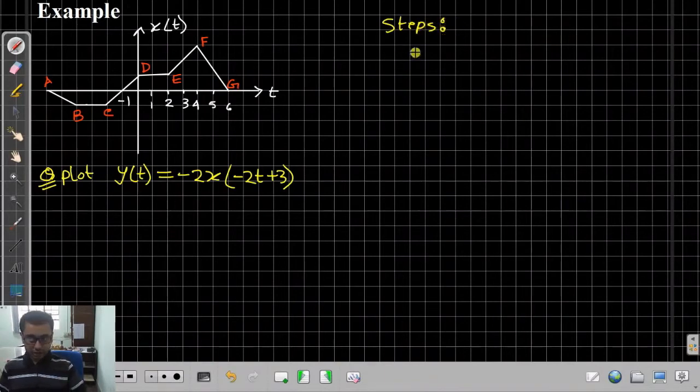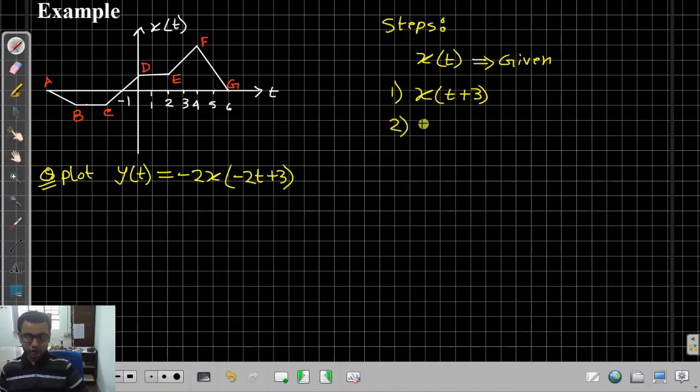So you start with the graph of x(t), which is already given. Then the first step is to draw x(t plus 3).